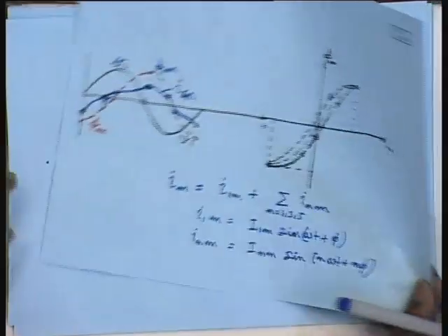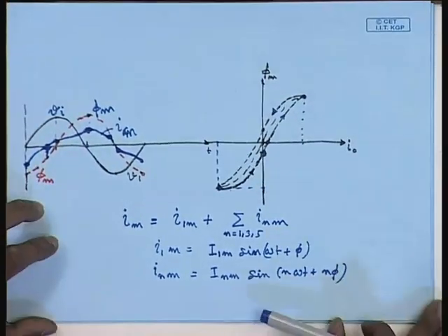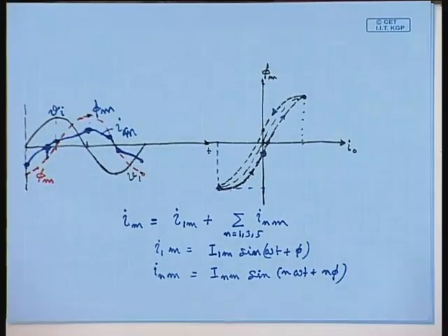So far, in this figure, we have assumed that the transformer is operating in steady state, that is, given a sine wave applied voltage, the flux waveform is also a sine wave.